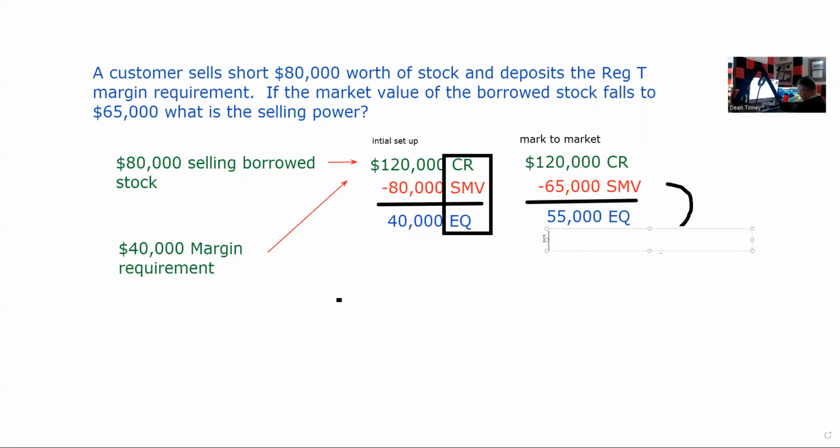I don't know if it's helpful when I tell you most people get hung up. It's half the market value, but please note in the classical short equation, the market value is that separate line. And so half of that is 32.5. What I'm doing here is comparing that to the Reg T requirement, which is 50% of the market value.